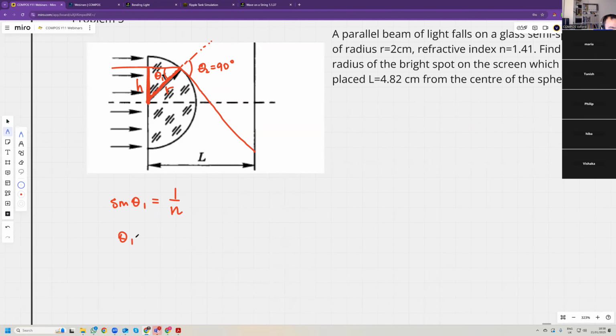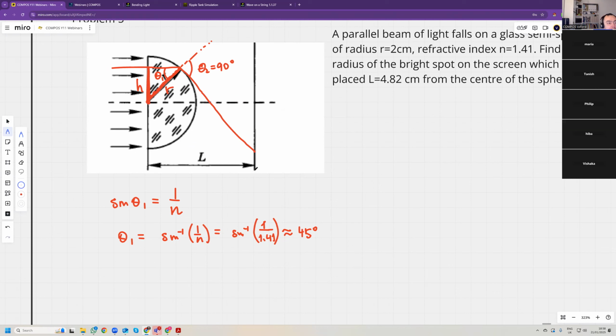So theta 1 is the inverse sine of 1 over 1.41. Interestingly enough, that's 45 degrees. So that's approximately 45 degrees. Okay, that's nice. The fact that it is 45 kind of makes life easier for us.